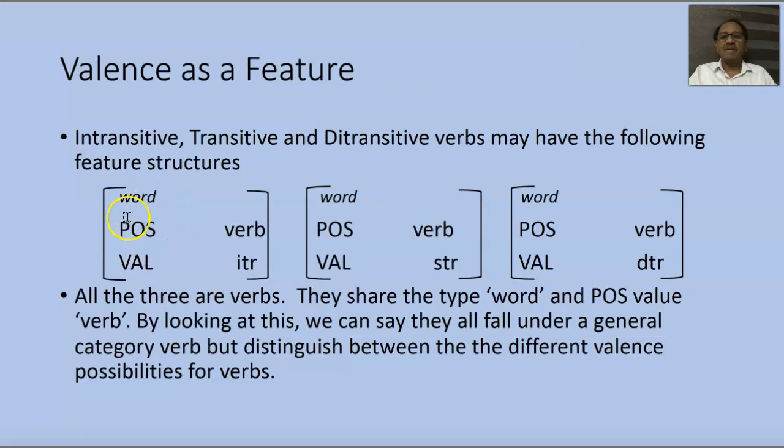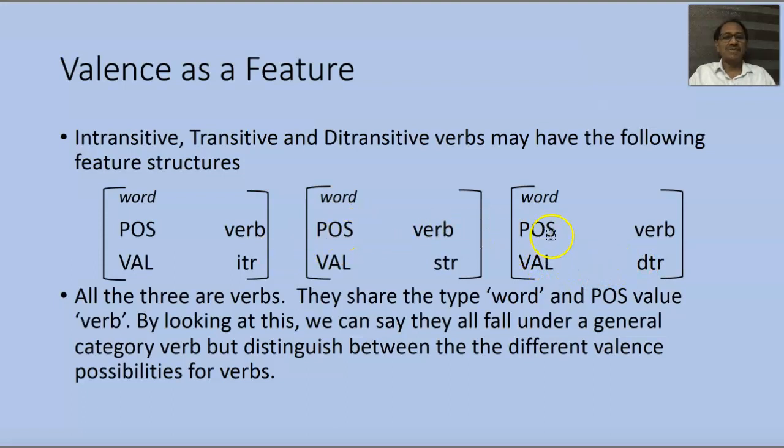That is, what we see here: word, parts of speech is a verb, verb is a value of parts of speech, and then valence, it is intransitive. Similarly, you have parts of speech as feature, verb as value, valence is strict transitive meaning one object, monotransitive, and valence which has a ditransitive value is a ditransitive verb.